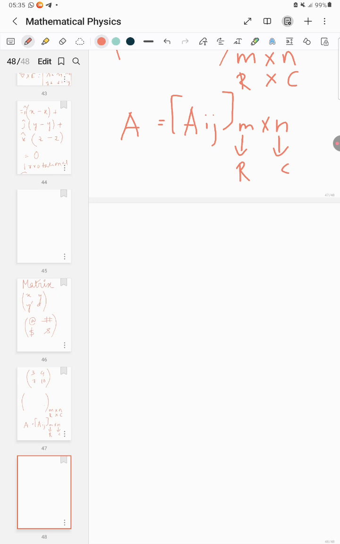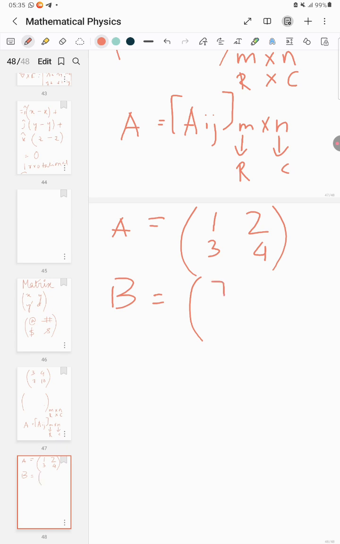That is, for example, if A is equal to 1, 2, 3, 4 and B is equal to 7, 8, 9 and 10, only then can we add A and B because they have the same number of rows and columns, that is 2 rows and 2 columns in both cases.